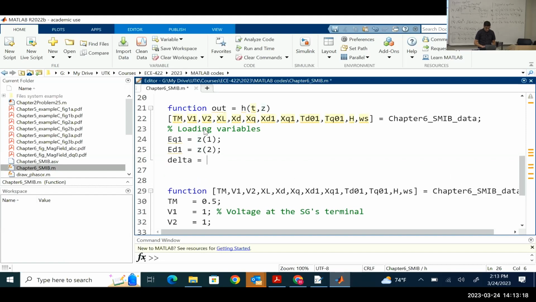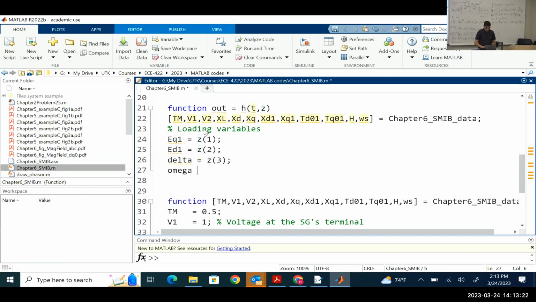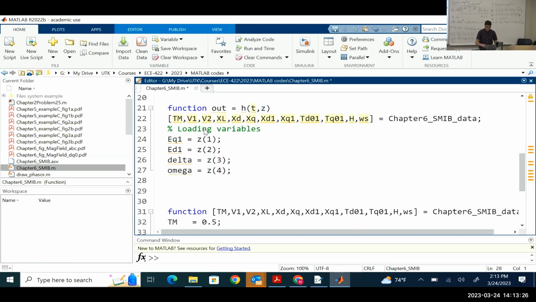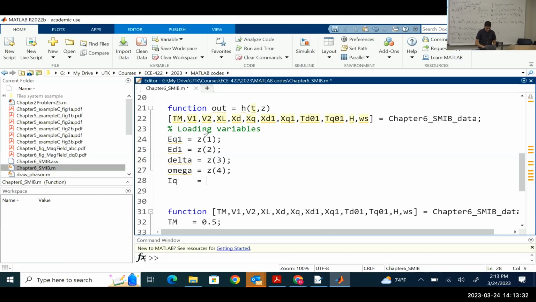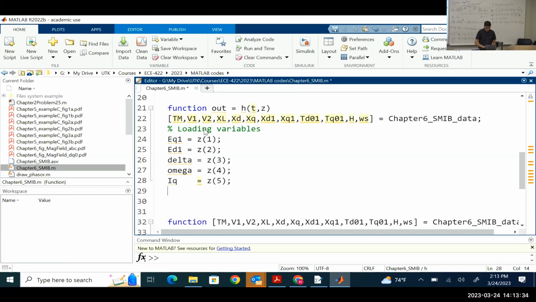Then we have delta. Then we have omega. And then the algebraic that we arbitrarily pick, IQ first. And then ID. I'm going to move these so it's more organized.